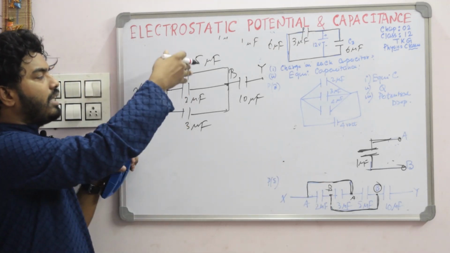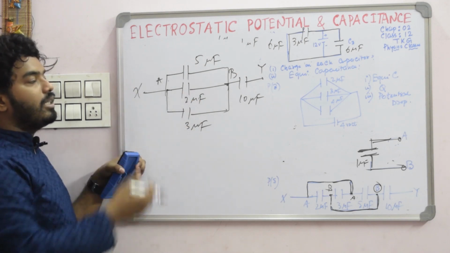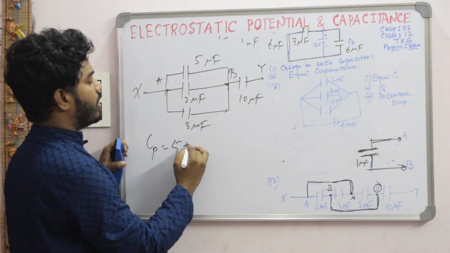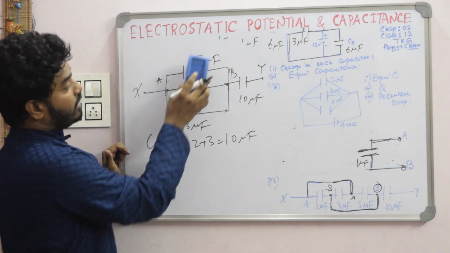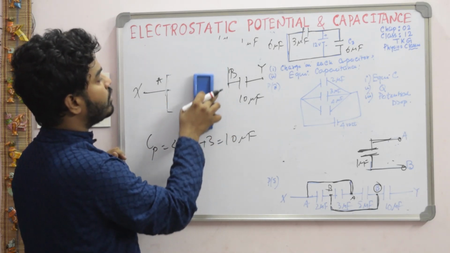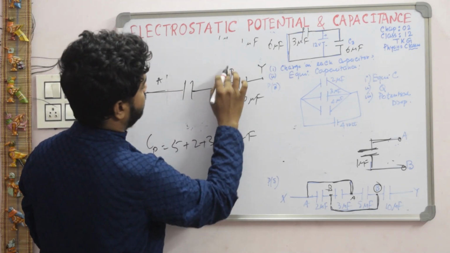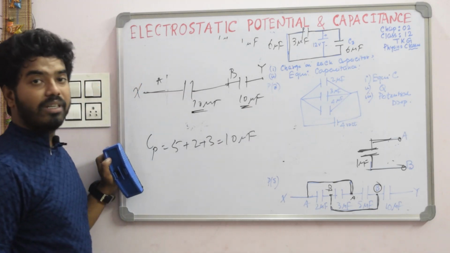You see there are 5 microfarad, 2 microfarad and 3 microfarad connected in parallel. So the equivalent capacitance becomes 5 plus 2 plus 3, that is 10 microfarad. And this equivalent circuit becomes more simplified. Here this 10 microfarad and this 10 microfarad are in series.